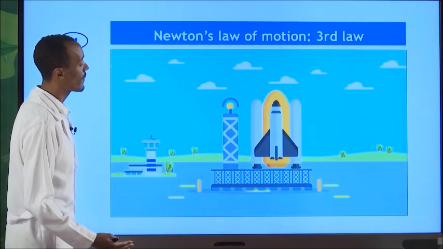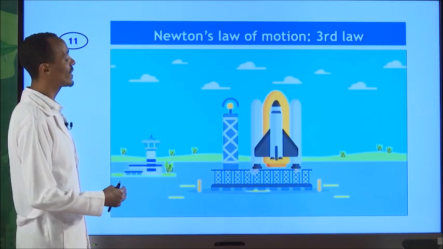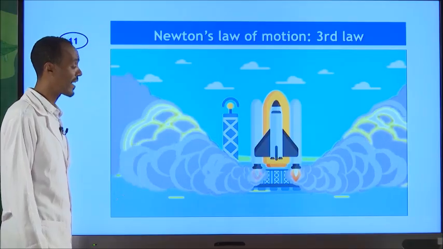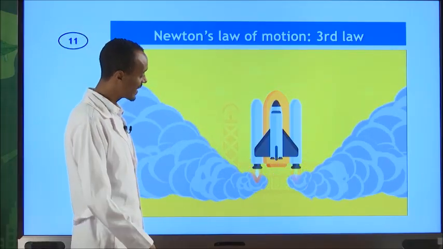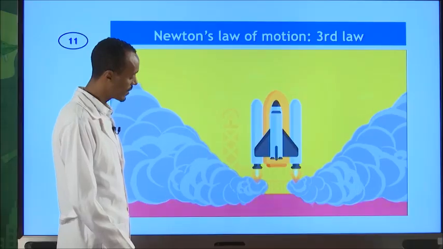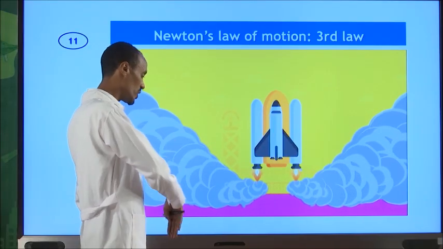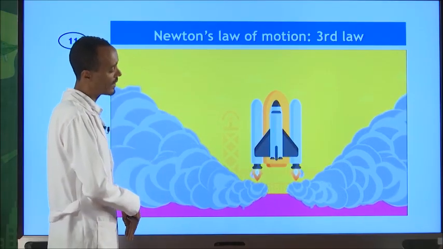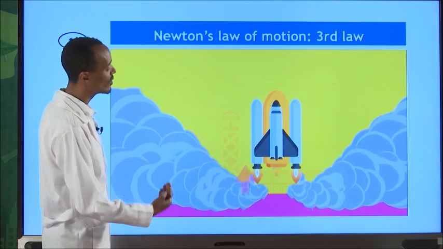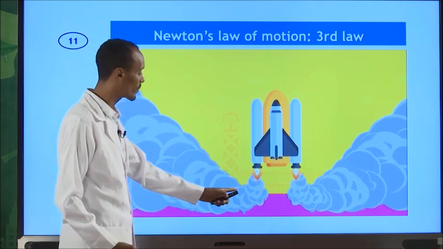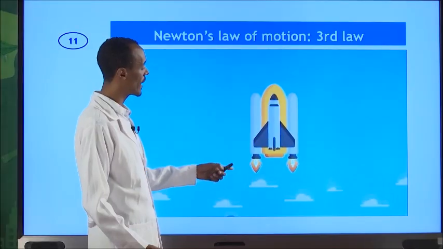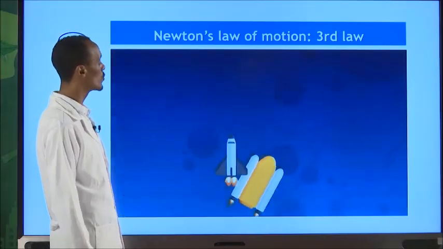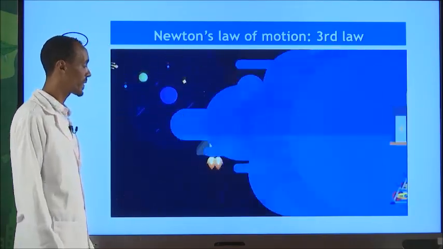Newton's third law is applicable in everyday life. If you look at this rocket, it is expelling gas to the ground, pushing the ground downward, and the reaction force comes from the ground to the rocket. This helps the rocket to be launched and to move into space.